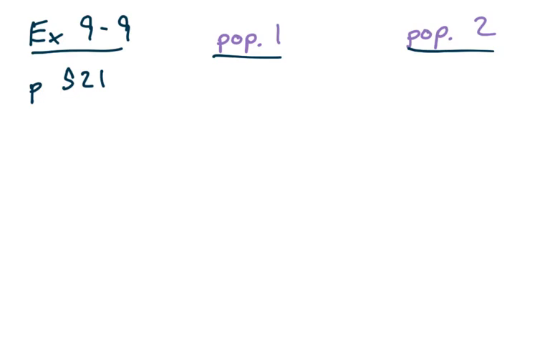So let's pause for a second. You can see here, the first thing that I'm going to do is decide which population is which. I'm going to designate one of these as population 1 and the other as population 2. And then for each of these different populations, I'll look at the information given for their respective samples.